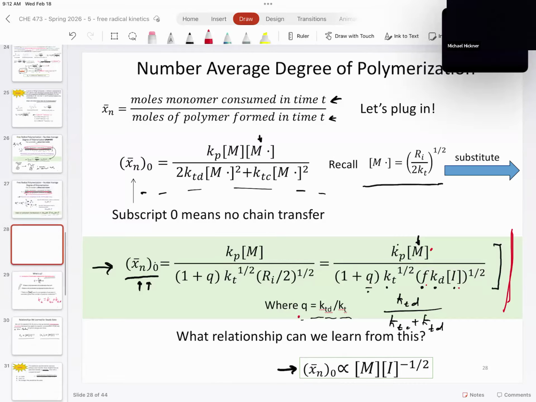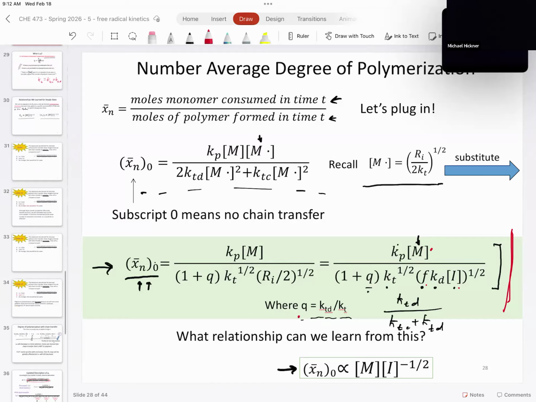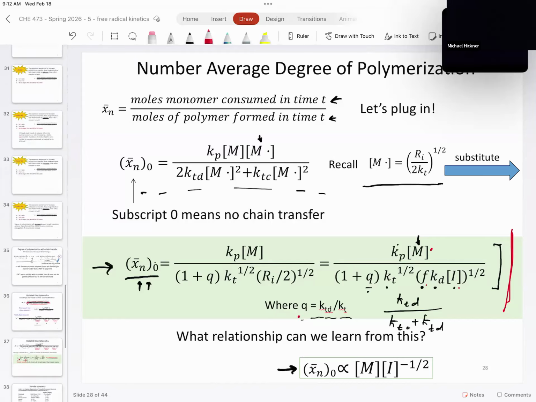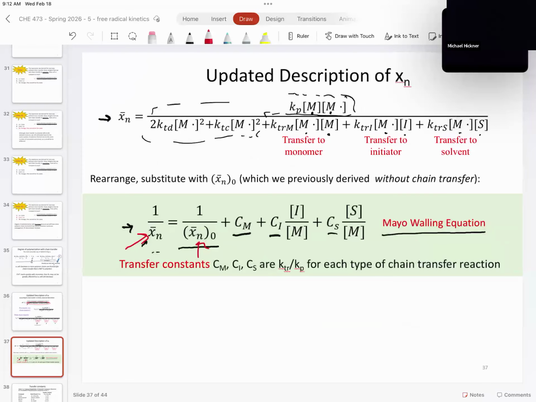Now, when we have chain transfer, we know that x bar n0 is greater than x bar n with chain transfer. We touched on the Mayo-Walling equation before the exam.